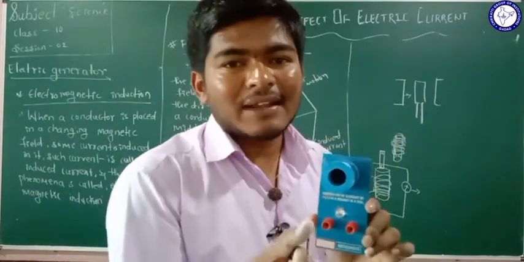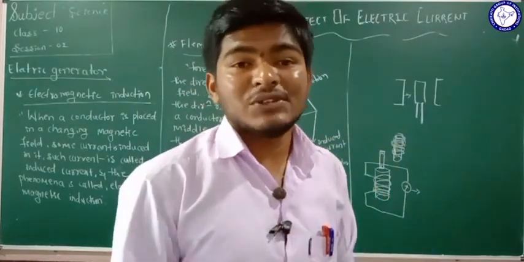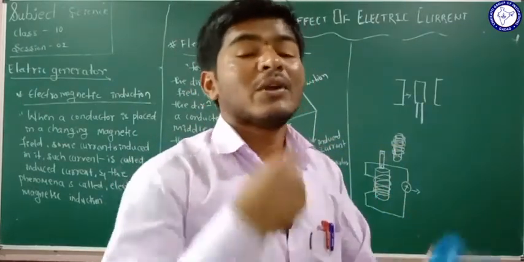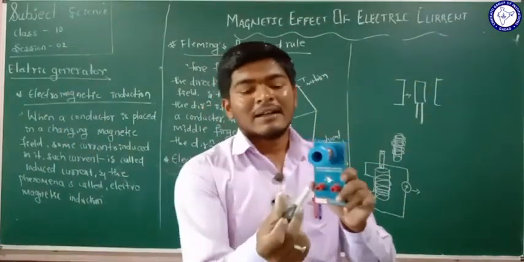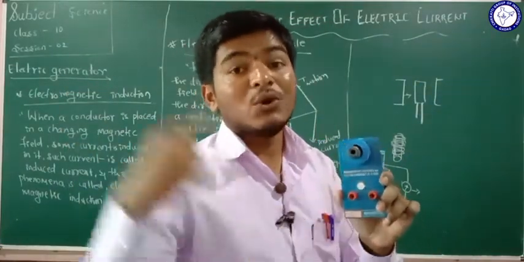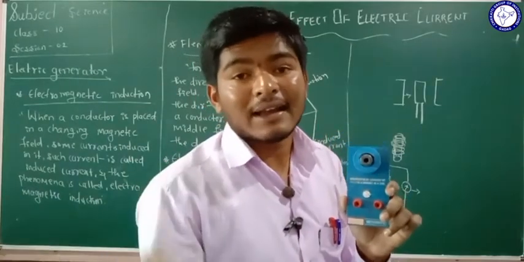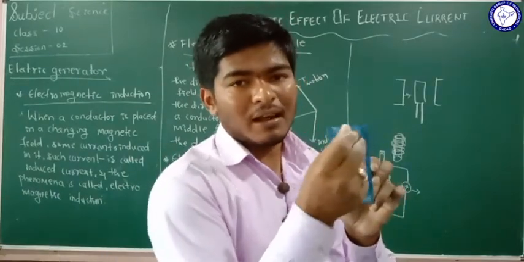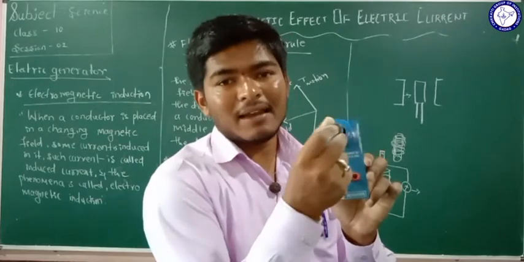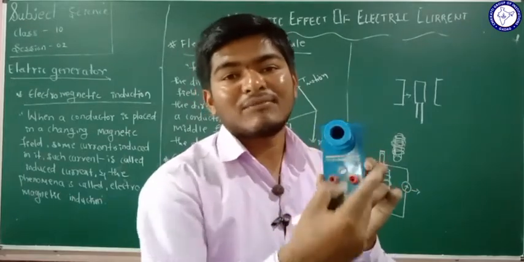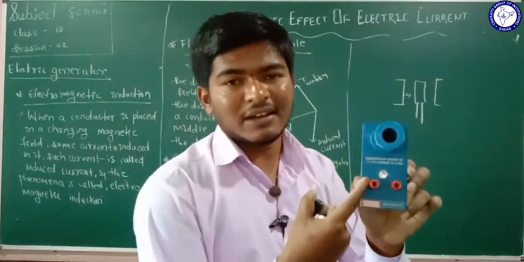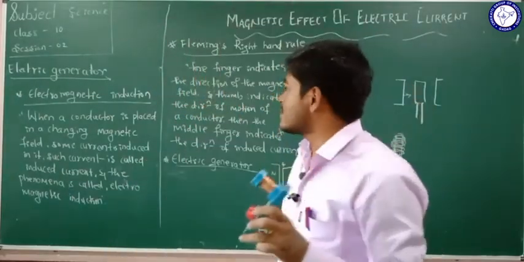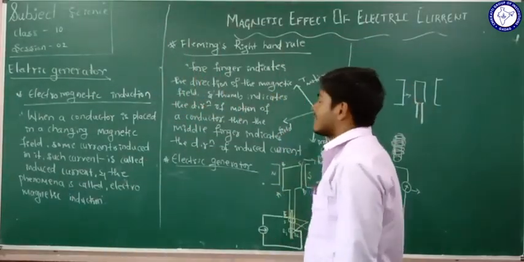Using this activity, we are going to convert the mechanical work into electrical work, the electric current. So this is the mechanical work, isn't it? The mechanical work will be converted into electric current, that is, a light glows, isn't it? That will be studied with the help of Fleming's right hand rule.